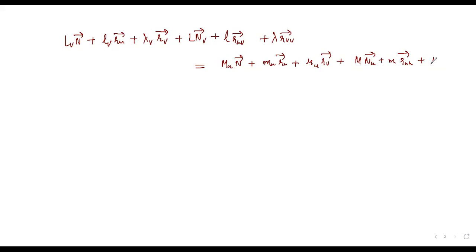It would be mu R_vu, because my mixed partial derivatives are equal. Okay, now let's call this equation 1.